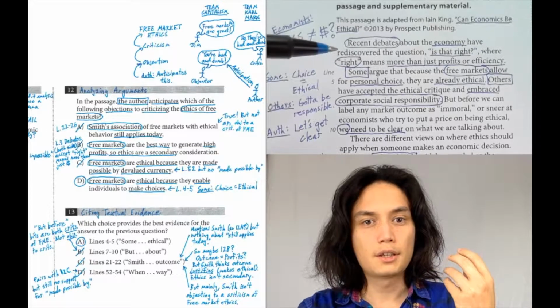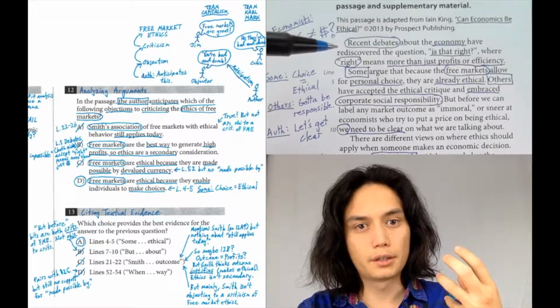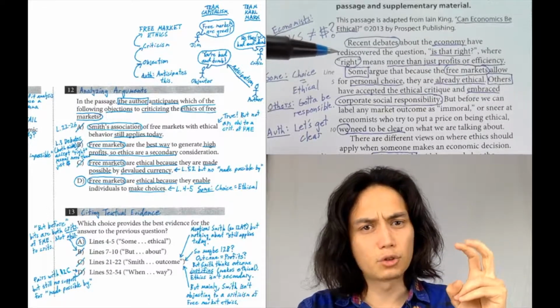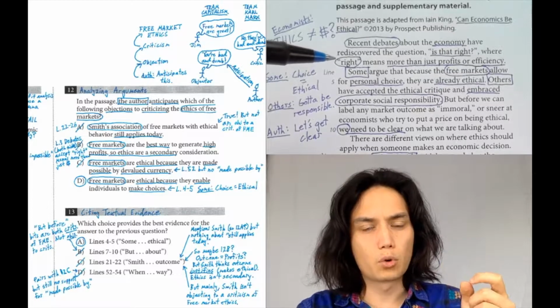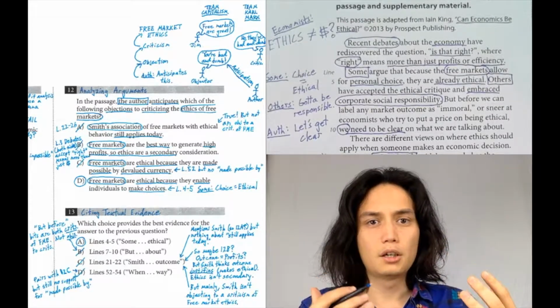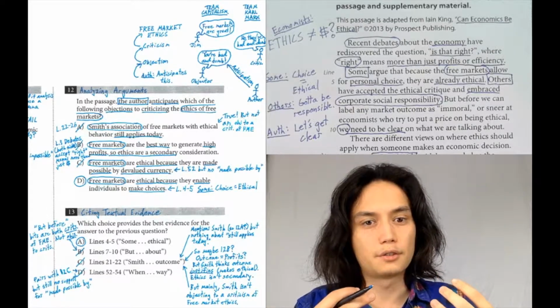This is a position that both people on both sides of the debate agree upon. Here, recent debates about the economy have rediscovered the question, is that right? Where right means more than just profits or efficiency. That is to say, on both sides of the debate, we're both thinking about rightness as meaning more than just profits or efficiency.